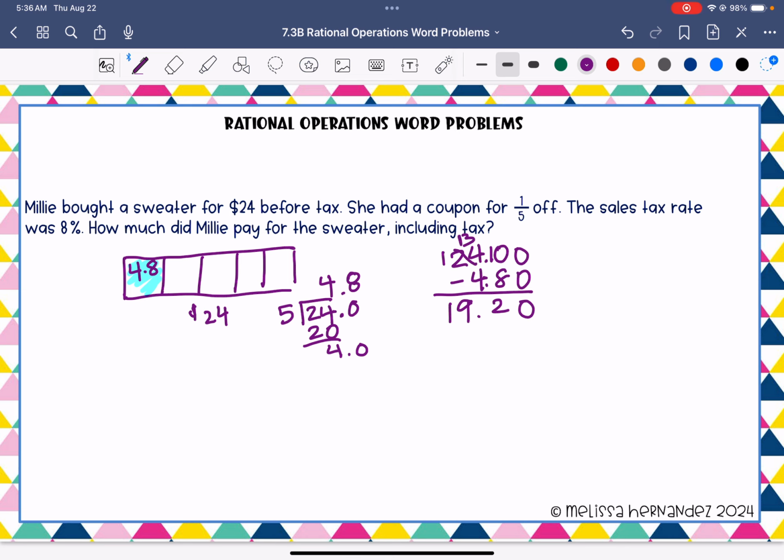All right, sorry I didn't do a lot of explaining because you've been adding and subtracting decimals for a while. Basically, it's $24, and then what's left is $19.20.